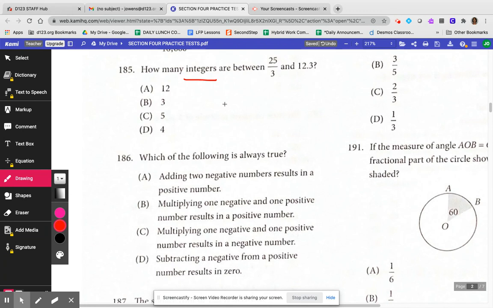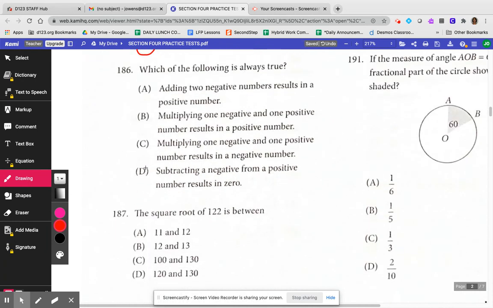It's going to be a little more than 8. 3 goes into 25 8 times, and then you have 1 left over. So if you're looking for integers between 8 and 12.3, if it's more than 8, you're going to have to start at 9, and you're going to have 9, 10, 11, and 12. So that is 4 integers.